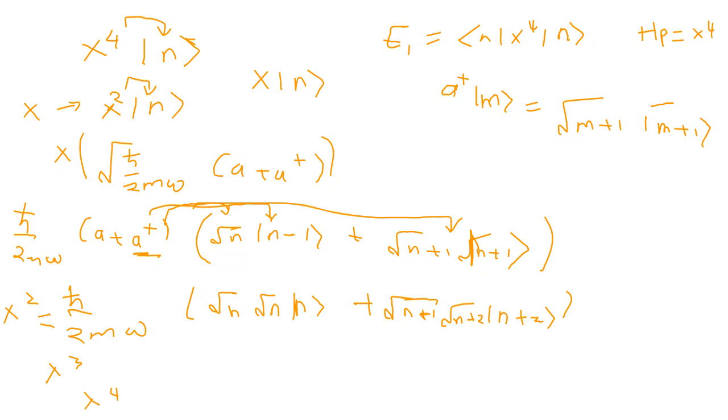And one thing that some people might try to do is to write this as (a + a†)⁴, so a⁴ plus 4 a³a† plus 6 a²a†² and so on, basically applying the binomial theorem. I think the coefficients are 1, 4, 6, 4, 1, just check, but there are some numbers here.